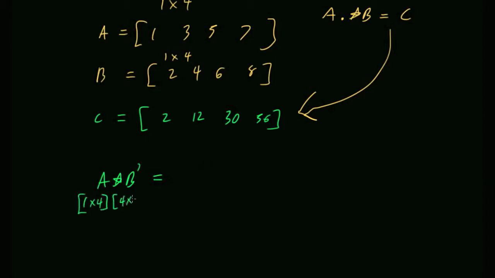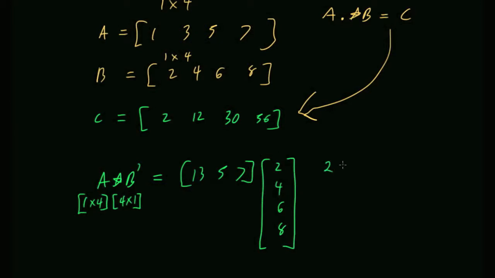But then what would it give you? It would give you 1, 3, 5, 7 times 2, 4, 6, 8. So it would give you 1 times 2 plus 3 times 4 plus, and so on. It would basically just leave you with a 1 by 1, like one number. So it wouldn't give you an error, it just wouldn't give you what you wanted. And that's an important distinction.